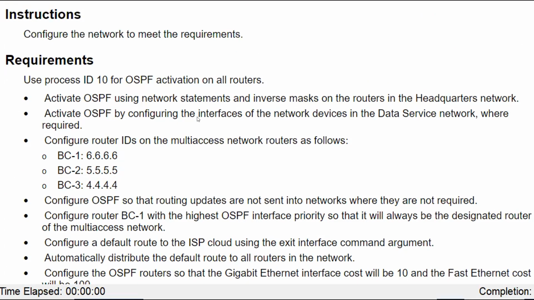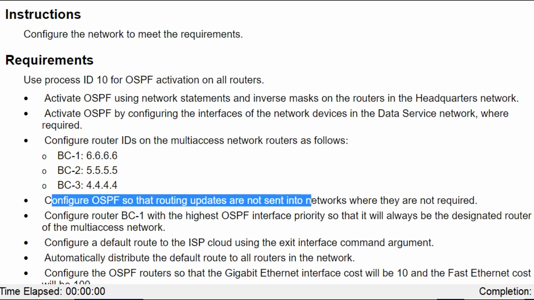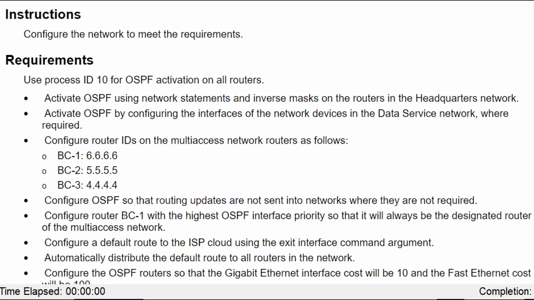Activate OSPF by configuring the interface of the network device in the data service network where required. Then we're to configure router IDs on the multi-access network routers. On BC1, we use 6666, BC2, 5555, BC3, 44444. Then we're supposed to configure OSPF so that routing updates are not sent to any network where they are not required, that is the passive interface. Configure BC1 as the highest OSPF priority so that it will now become the BDR.